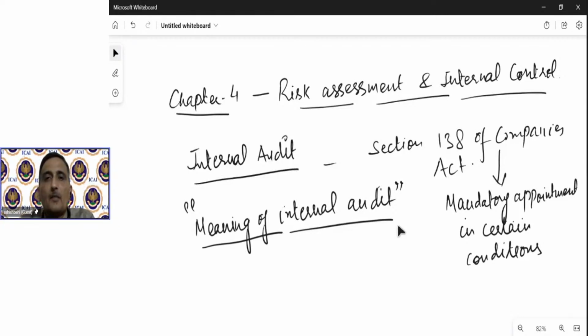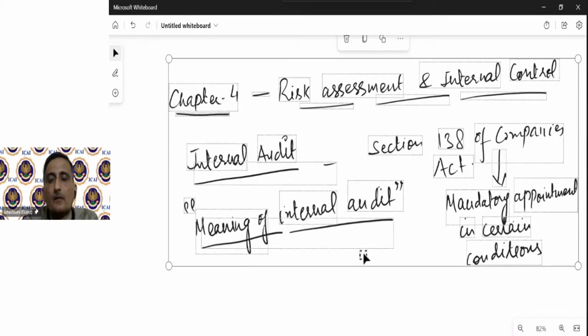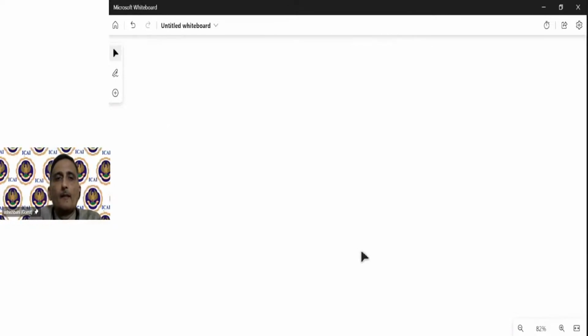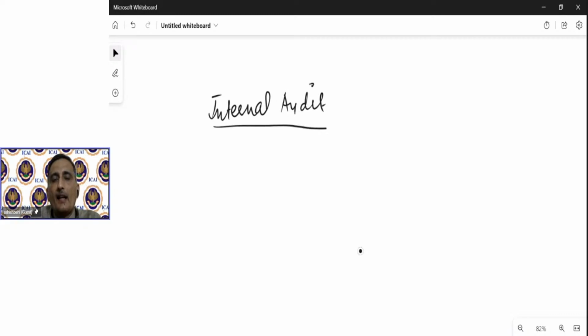Yes, welcome all others who have joined in. So students, what is internal audit? Again, I ask all of you, what is internal audit? Just tell me from your plain common sense what you understand by internal audit till now.